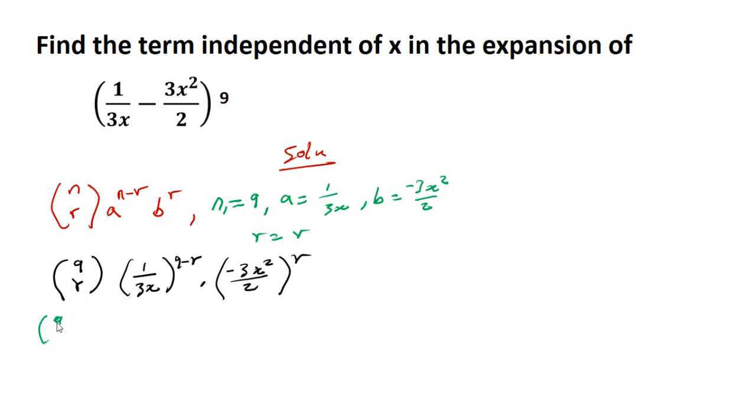So here you can say 9 combination r, then this, because it is 1 over 3x, can just also be written as 3x to the power negative 1, and then up there you can have 9 minus r, dot, this other guy can also be rearranged, so this can be 3 over 2 to the power r, dot, you can simply say x squared to the power r. So this can be separated in that way.